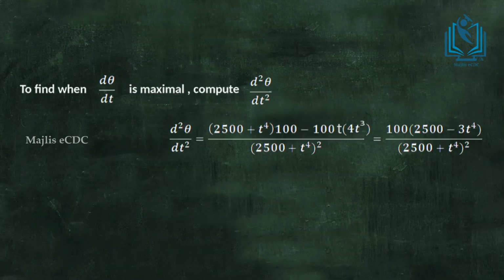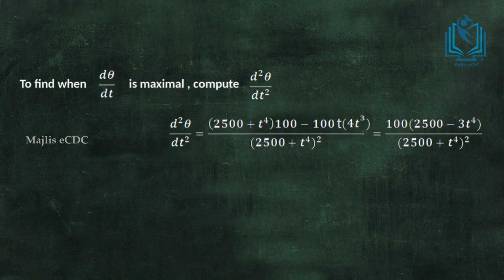Next, to find when d theta by dt is maximal, compute d squared theta by dt squared. D squared theta by dt squared equals (2500 plus t raised to 4) times 100 minus 100t times 4t cubed, all by (2500 plus t raised to 4) whole squared, which is equal to 100 times (2500 minus 3t raised to 4) by (2500 plus t raised to 4) whole squared.